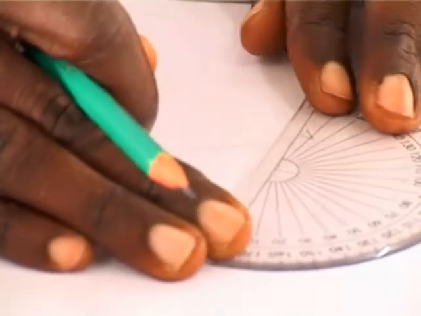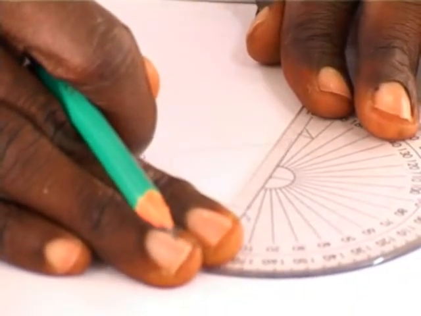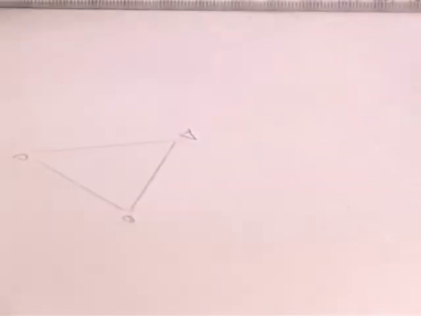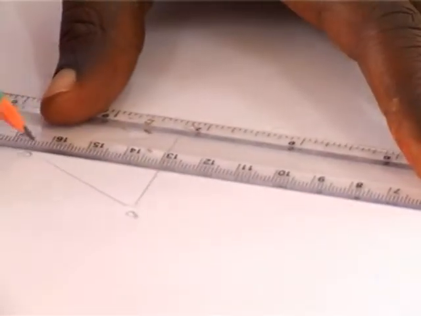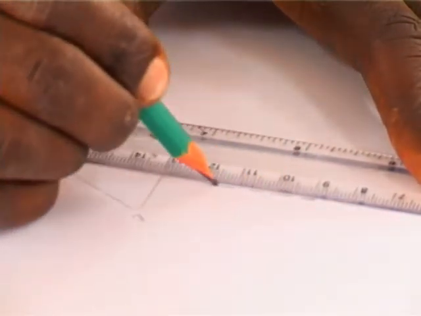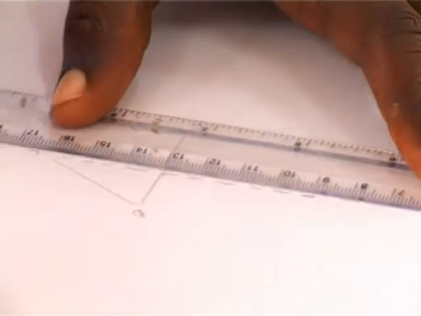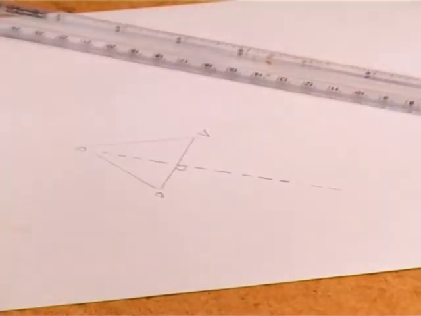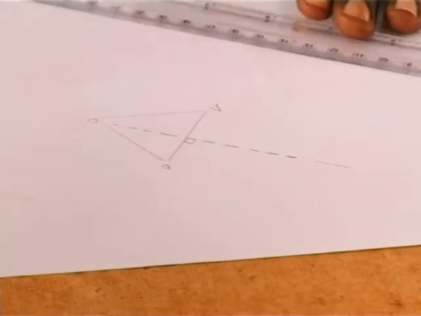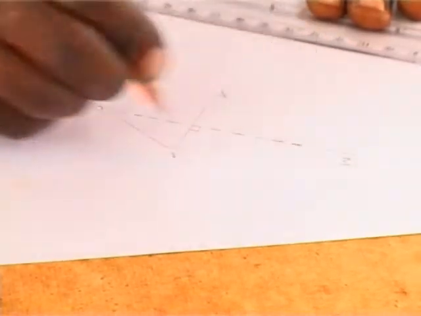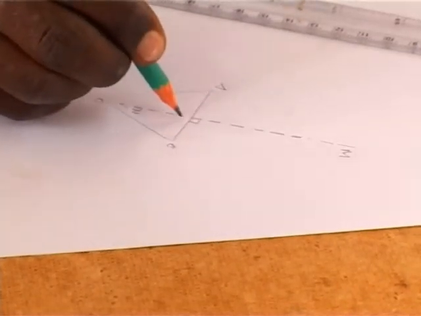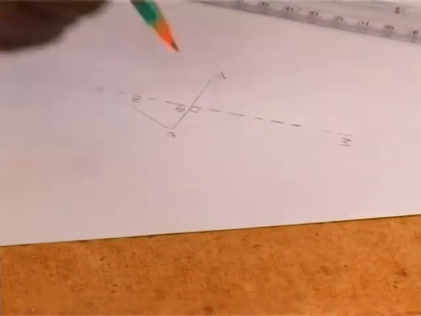Make sure the normal is at 90 degrees. The normal should be drawn by dotted lines. This normal is normal MN. The point where you find 90 degrees is point Q.